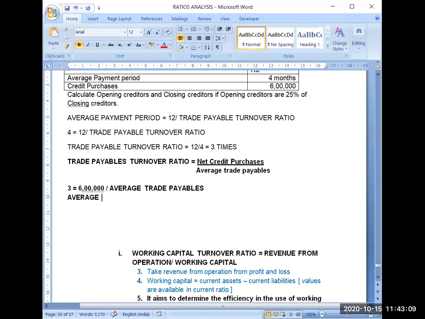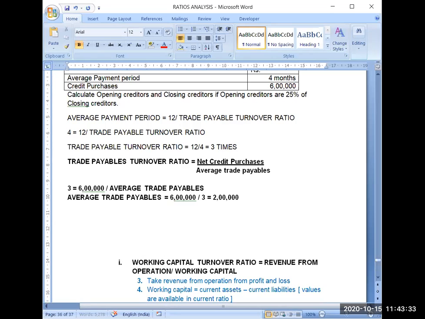Average trade payables will be equal to 6 lakh divided by 3, and it will be 2 lakh. So average trade payables are 2 lakh. Now we can put the formula of average trade payables.